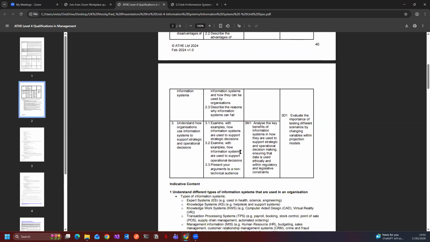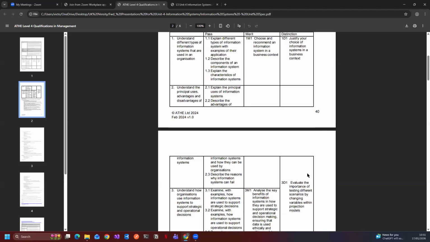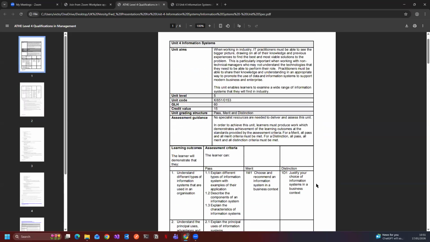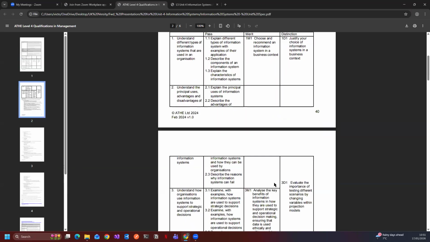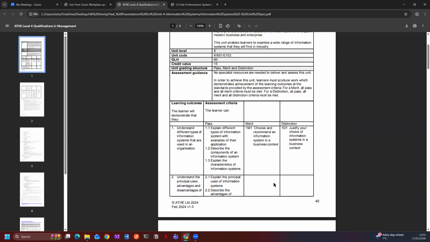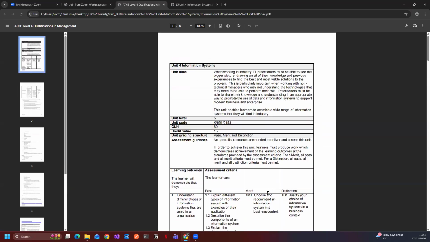And lastly, we looked into understanding how organizations use information systems to support strategic and operational decisions. So after all these insights, we've now had enough materials for us to look into assignment discussion.